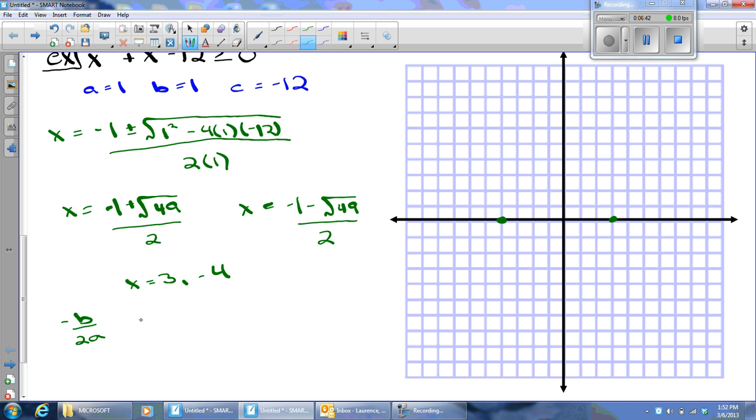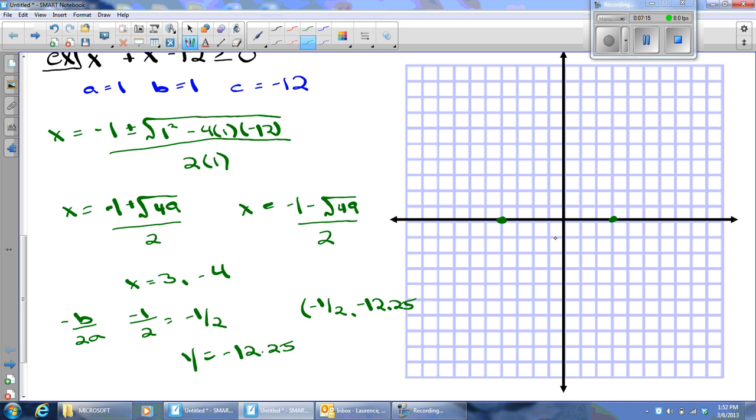So we're going to have negative b over 2, which gives us negative 1/2. Then we're going to plug our negative 1/2 into the quadratic equation. And when we do that, we get y equals negative 12.25. So our vertex is negative 1/2 and negative 12.25.